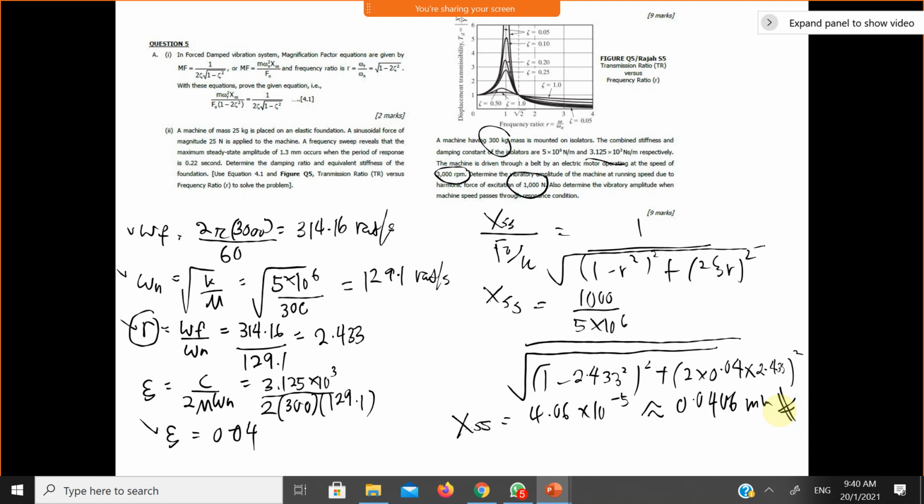Okay, so next is the question to determine the vibratory amplitude when the machine speed passes through resonant condition.